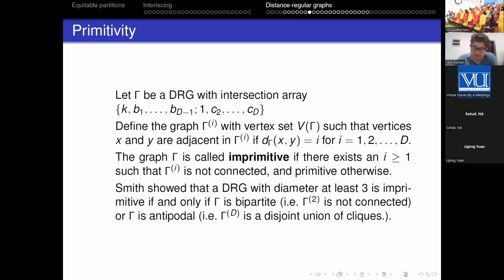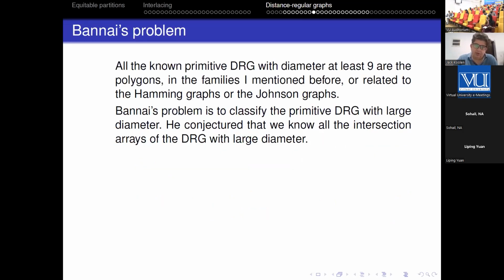Otherwise, if gamma_2 is not connected, then gamma_4 is not connected, and gamma_6 and so on. All the even ones are then not connected. That is easy to see, but the smallest is with 2. That is what I mean.